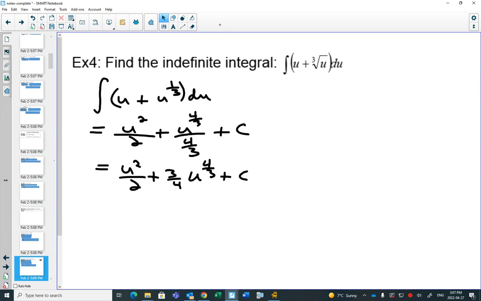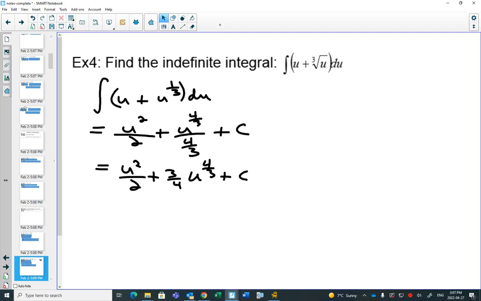Always remember the plus c. So these are called indefinite integrals because they never have a definite answer because it always has the plus c. We will do questions with definite integrals as well. So there are indefinite integrals and there are definite integrals.